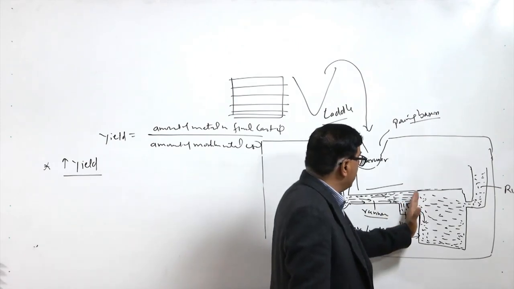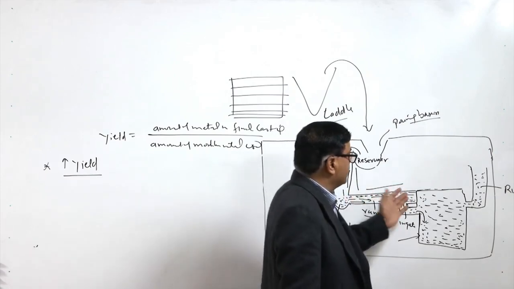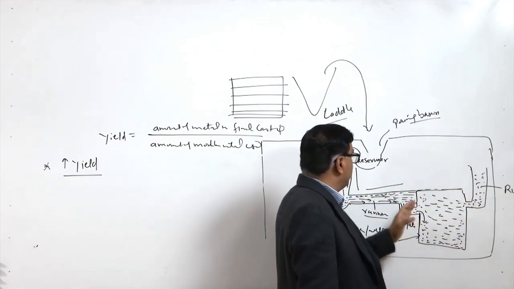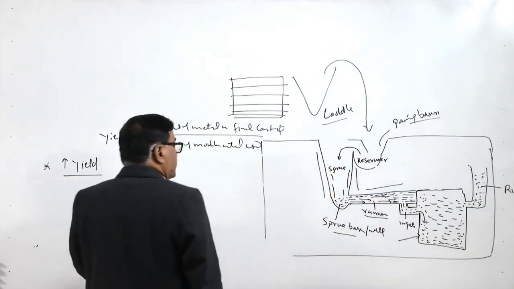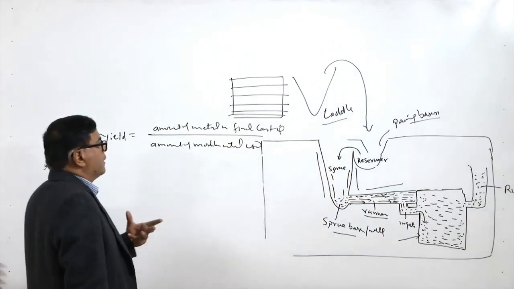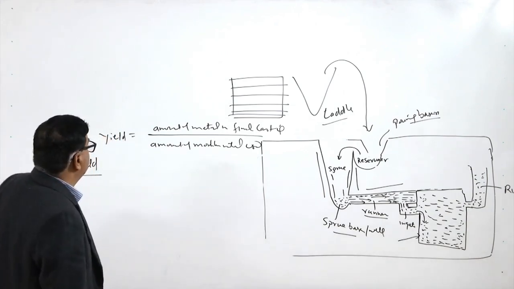After the solidification of the casting, the riser, the ingates and the runner, all this metal needs to be removed. That is not used for any other purpose, but is to be melted again for making the casting.